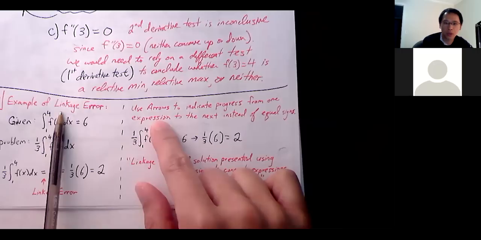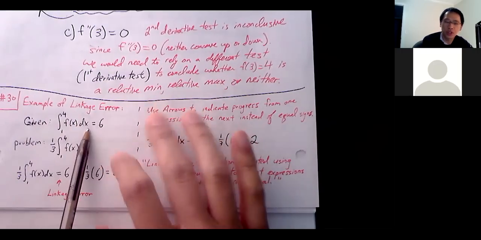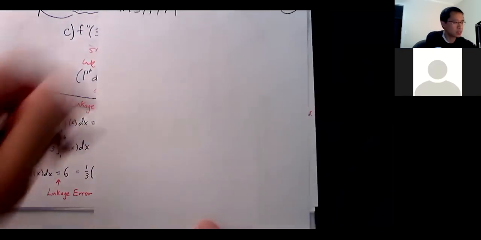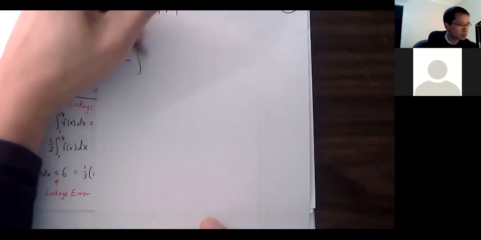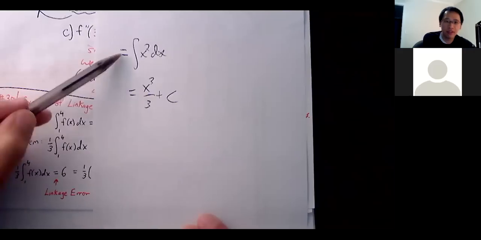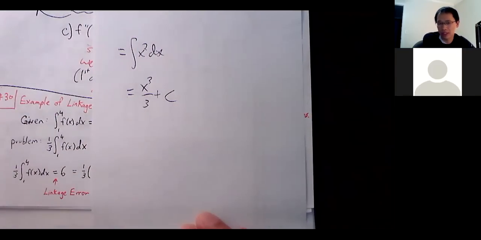So linkage error is where students use equal signs sometimes to just show that they're progressing from one part to the next. Sometimes students may not be thinking exactly about the effects of the equal sign, and so a lot of times students put equal signs all over the place.